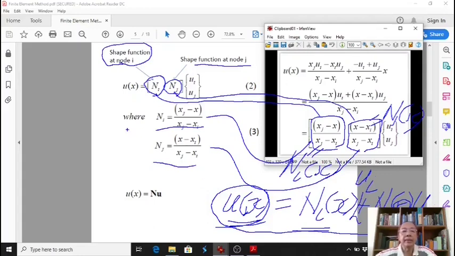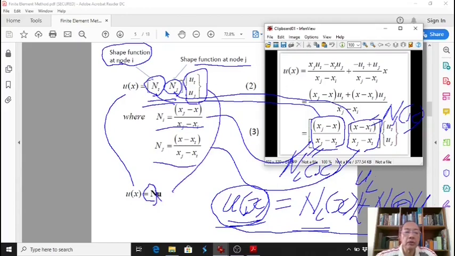From here we can simplify: this term we call n, and this term, the nodal displacements, we call u.